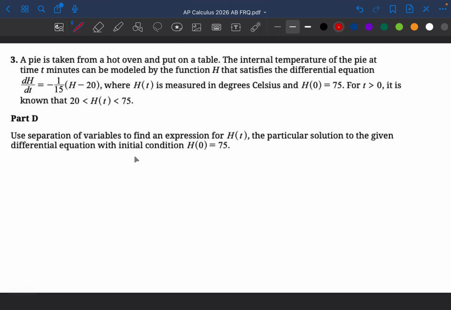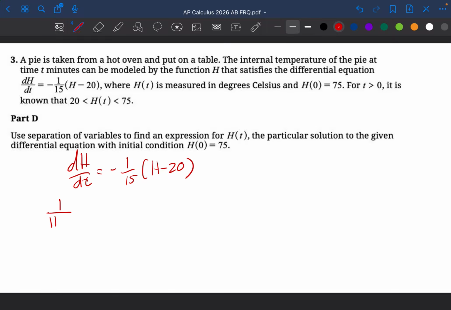Part D. Use separation of variables to find an expression for h of t, the particular solution to the differential equation. So taking dh/dt equals negative 1 over 15 times the quantity h minus 20, first we're going to separate and get everything with h on the left.